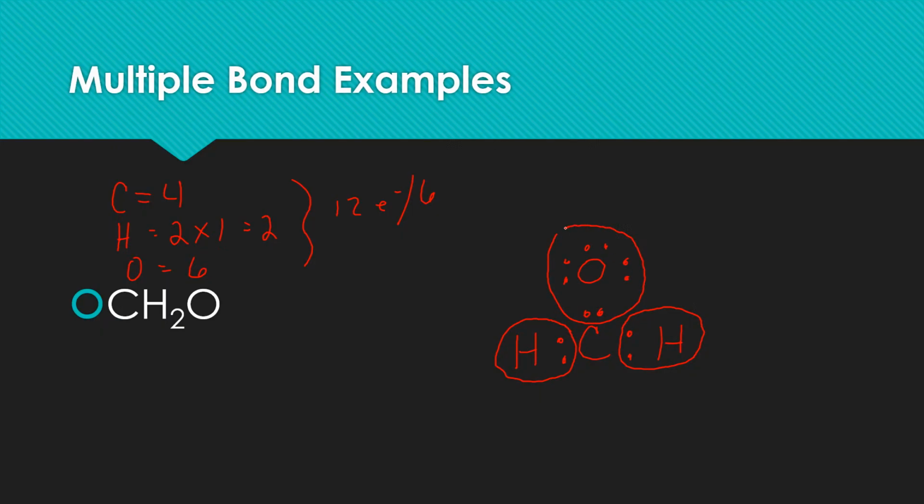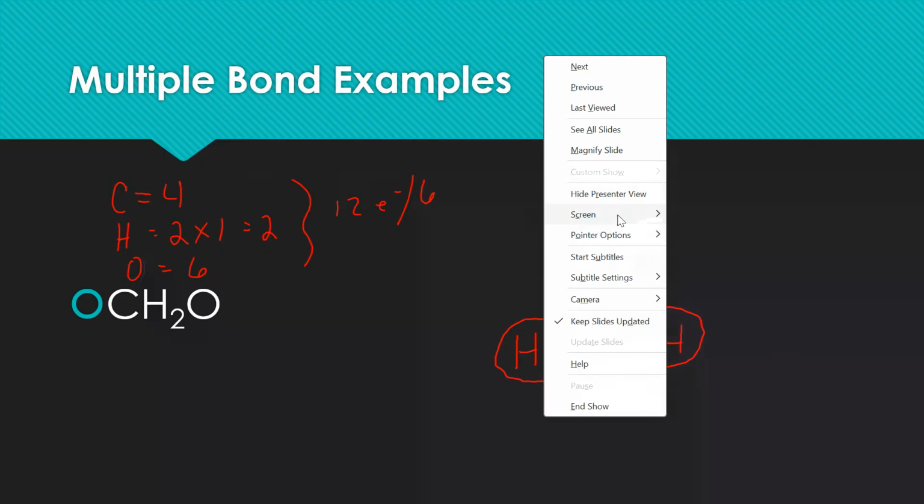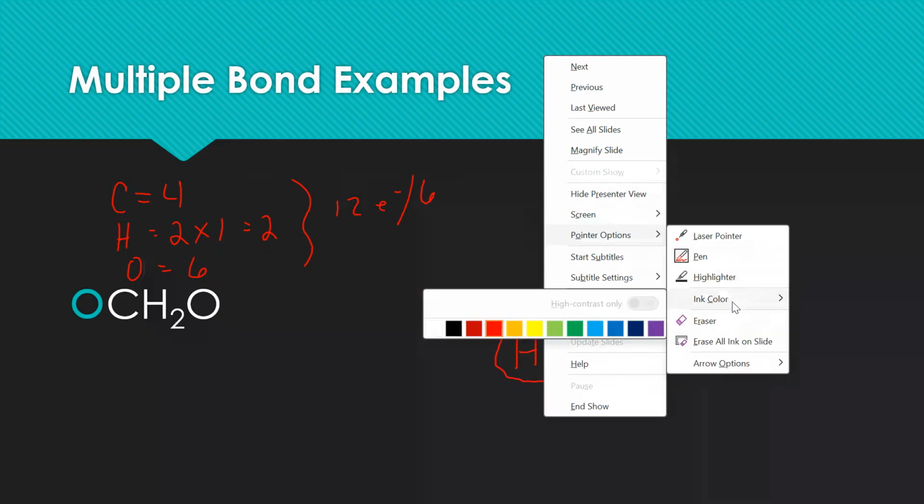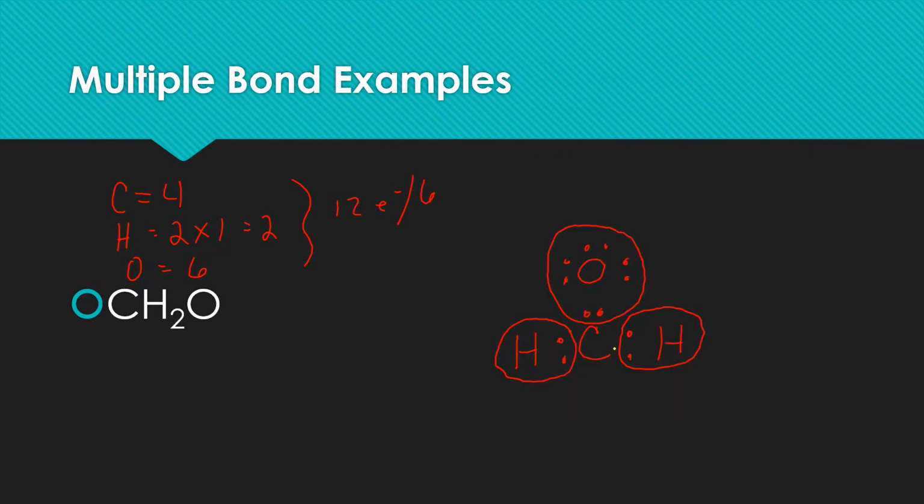You see that? But poor sad carbon in the middle, it does not have enough. So what carbon's going to do is we're going to take these 2 electrons. I'll do a different color. I'm going to take 2 electrons that are already on oxygen, and I'm going to move them and put them between the oxygen and the carbon.